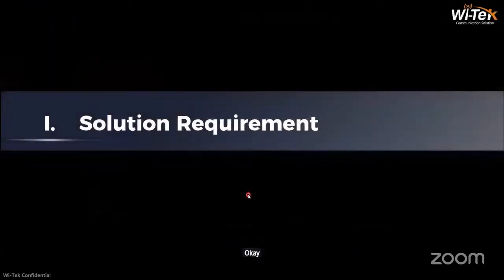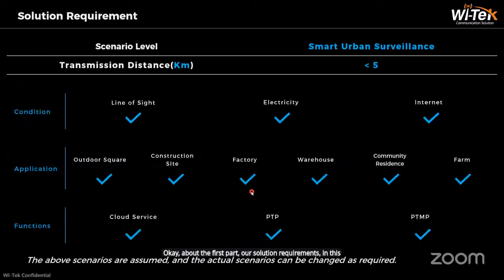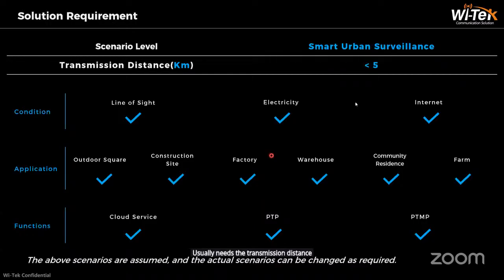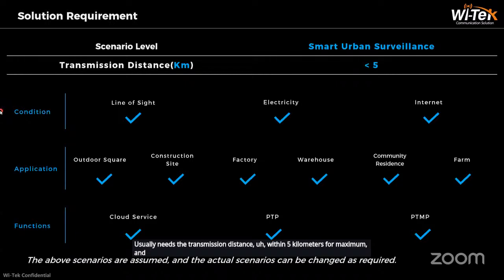Okay, about the first part, our solution requirements. In this smart urban solution, we usually need a transmission distance within 5 kilometers at maximum, and the conditions include line of sight, electricity, and also the internet for data transmission.